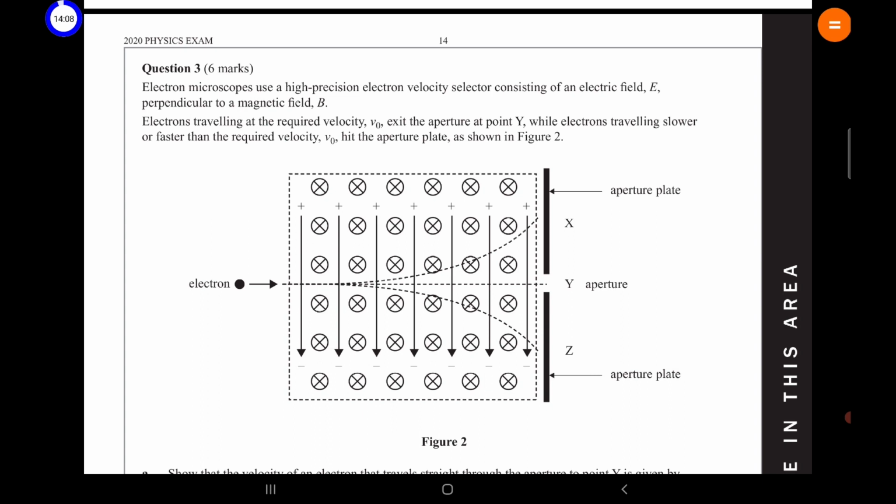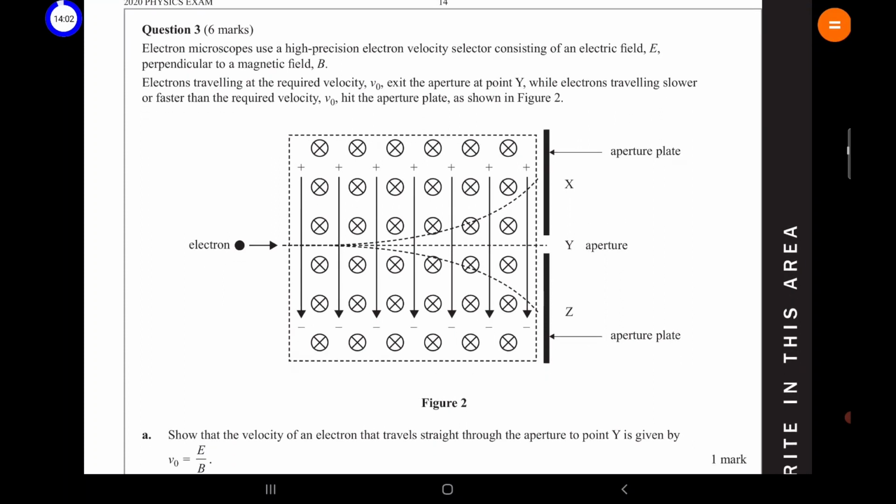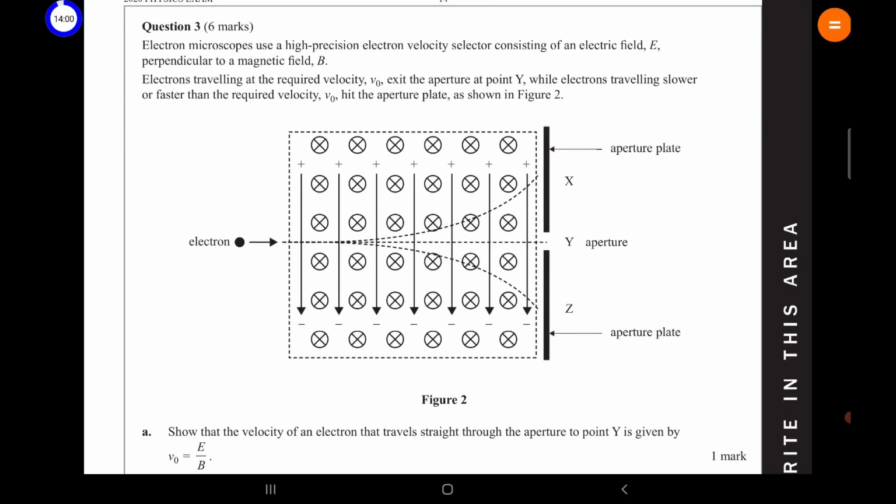Right, so electrons traveling at a required velocity. Alright, so we know that. Still don't understand the question just yet, so let's try to look at the diagram. Okay, so what do we have? This is from area of study 1, so I know that just from looking at the diagram. So we have electric fields, magnetic fields, so that stuff is all well and good.